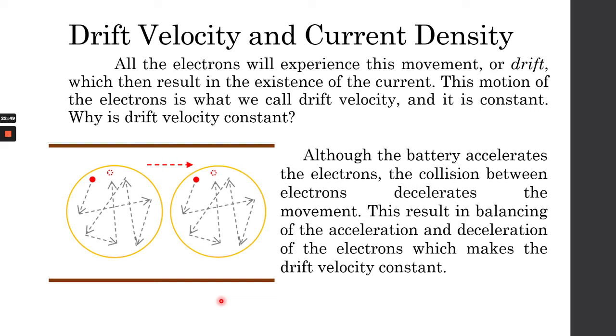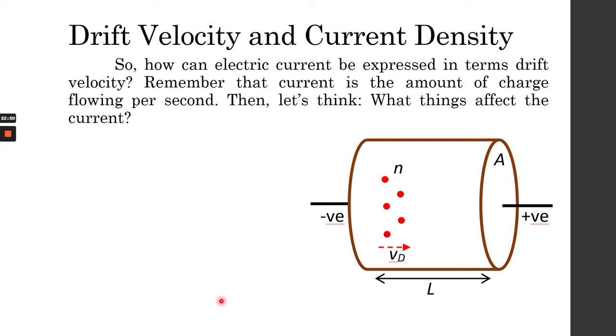So now let's discuss how we can express electric current in terms of drift velocity. First, let's remember, as I mentioned again and again, that the current is the amount of charge flowing per second. Now let's think about what things affect the current. We have another picture right here. It's the same.